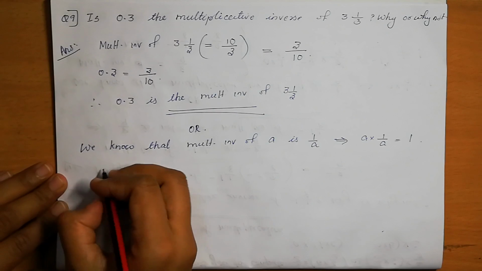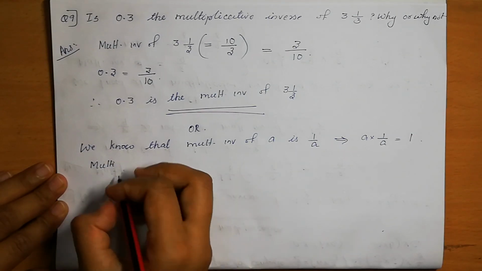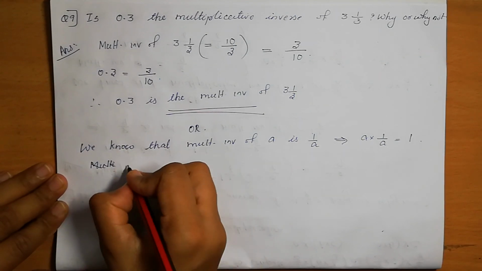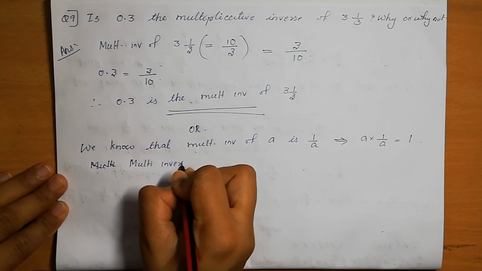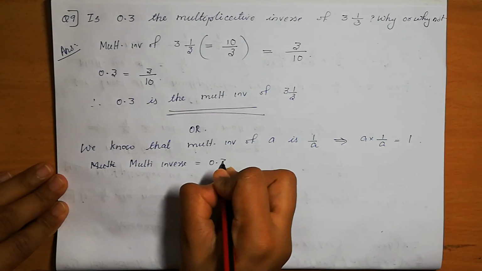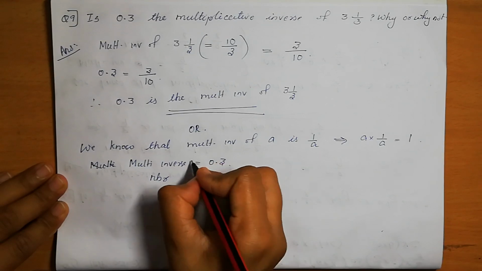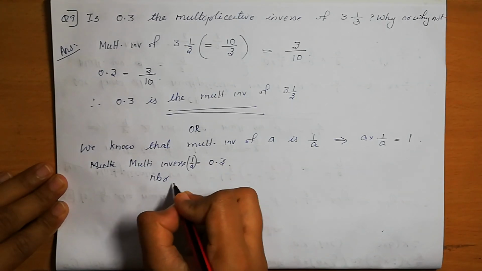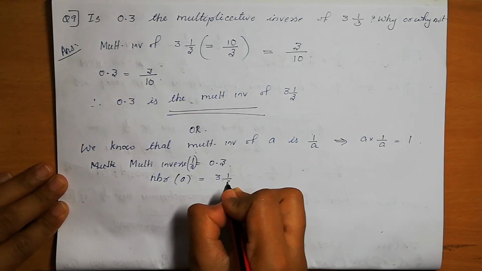First we can write the multiplicative inverse is 0.3. The multiplicative inverse means this one is 1 by a. The number a equal to 3 1 by 3.